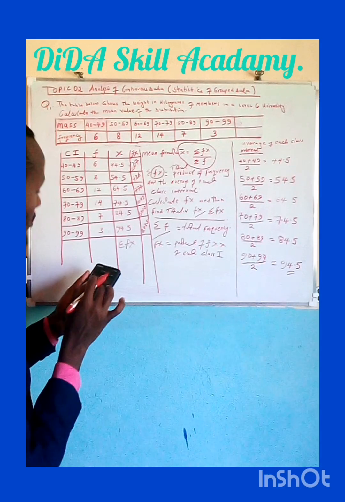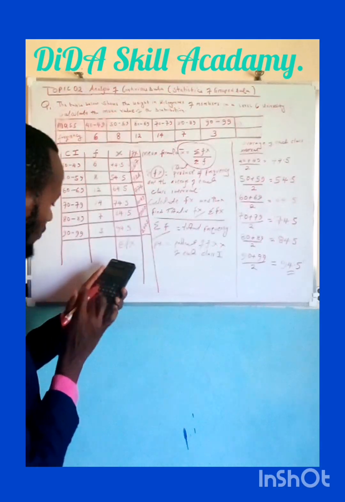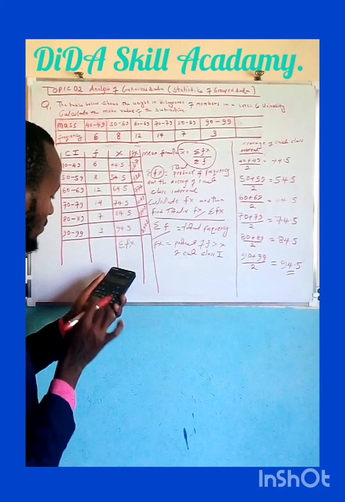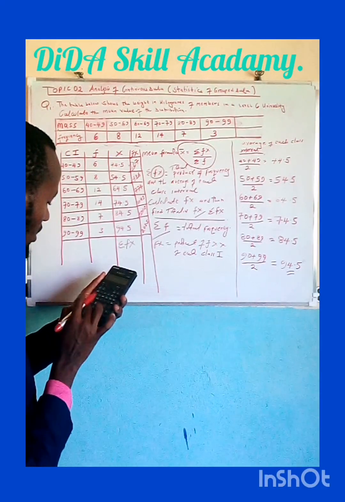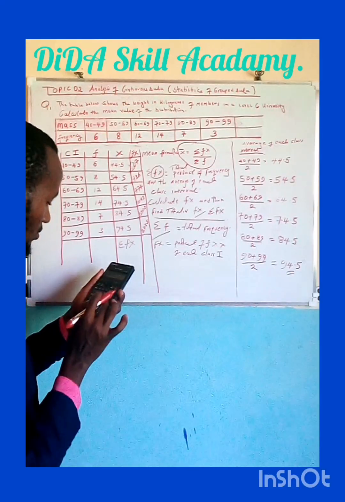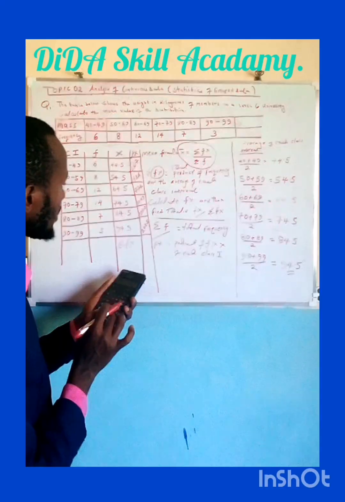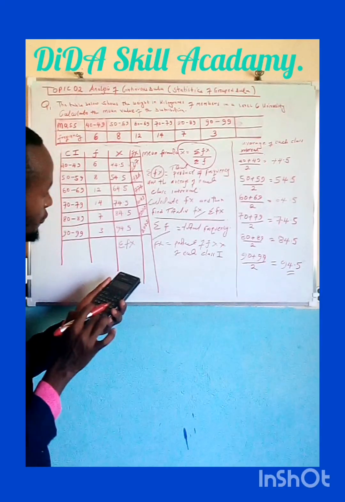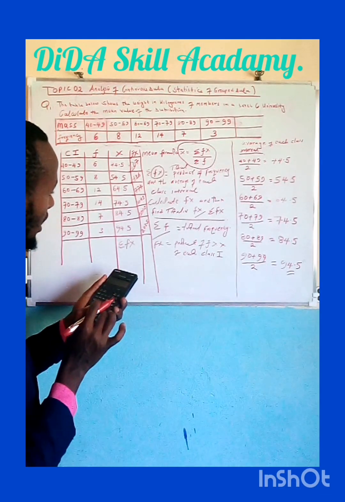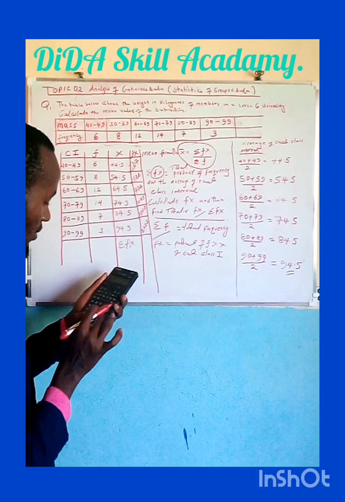Therefore, we will have 267 plus 436 plus 774 plus 1043 plus 591.5 plus 283.5.